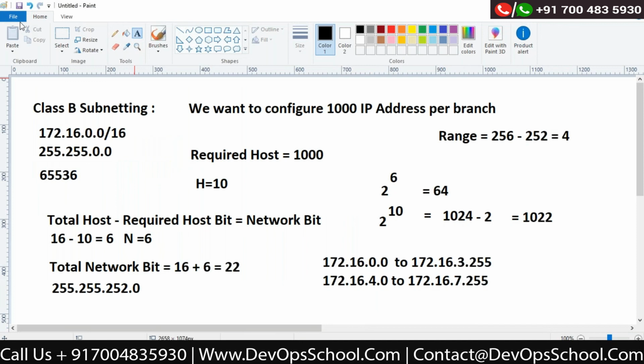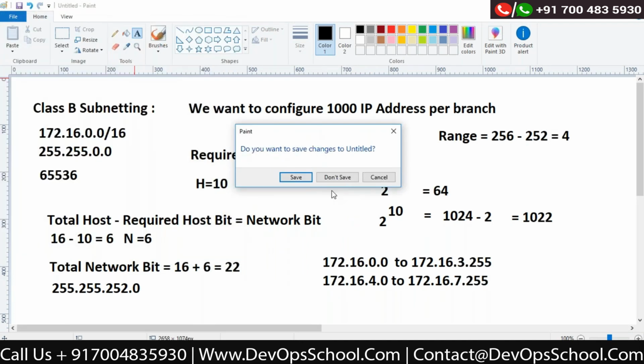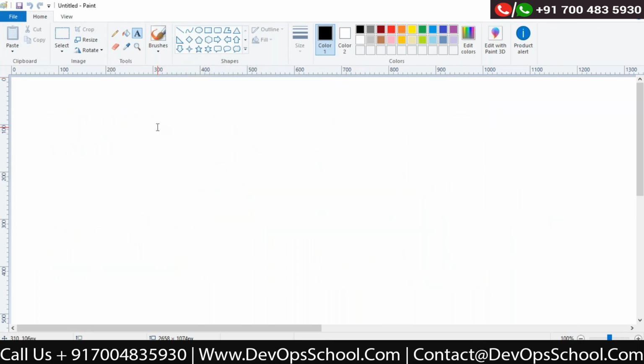I hope subnetting is clear for everyone. So we will jump to one more technique to make sure that subnetting is done in a proper way.